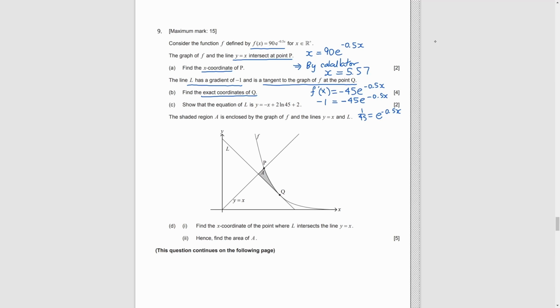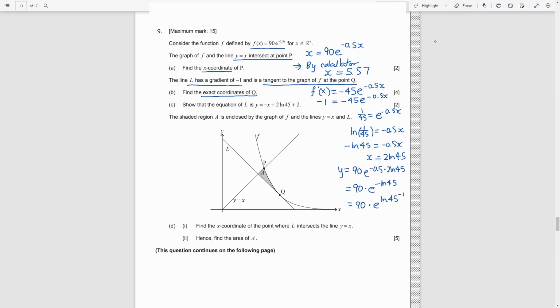Take natural log on both sides, making x the subject. We get 2 natural log 45. And then substitute it back into f. We get y equals 2. Here, the question is just testing you on the rules of logarithms.